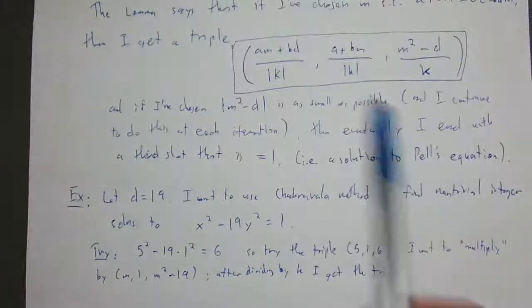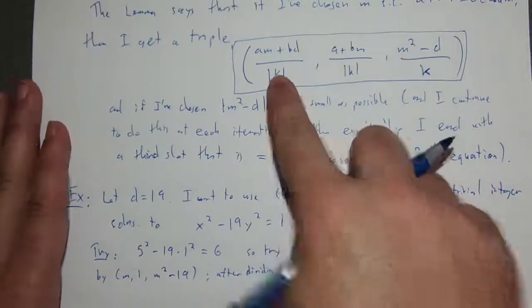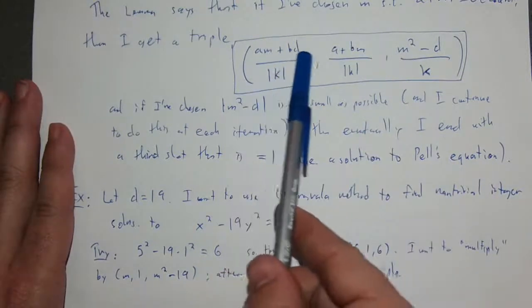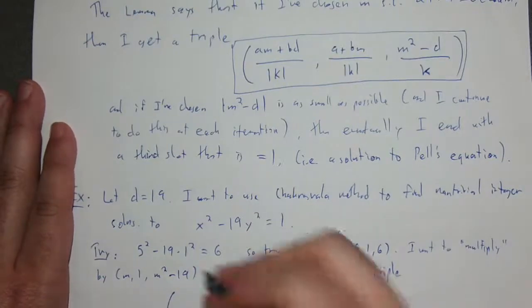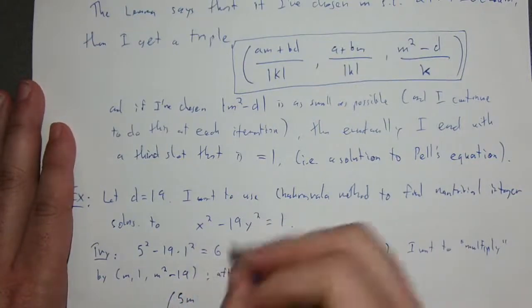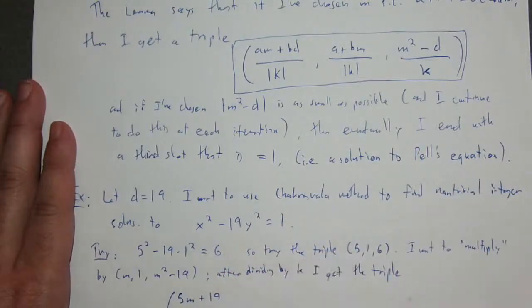Okay, so there it is. I am just going to write the final result. This is (am + bd) over the absolute value of k. That is 5m, b is 1, d is 19, so this is 5m + 19 over k is positive 6, so the absolute value of k is 6.